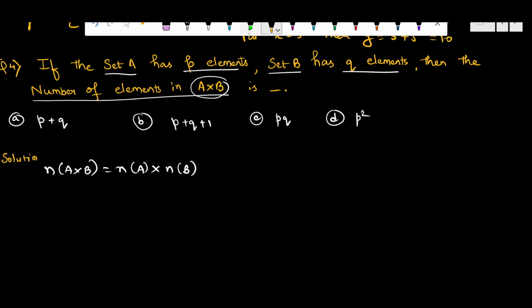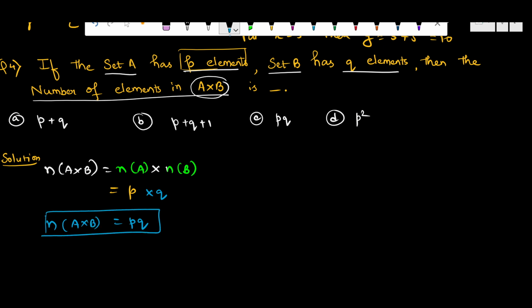Here the cardinality of A is P, since set A contains P elements, and the cardinality of B is Q. So the cardinality of A cross B is PQ. So option C is correct.